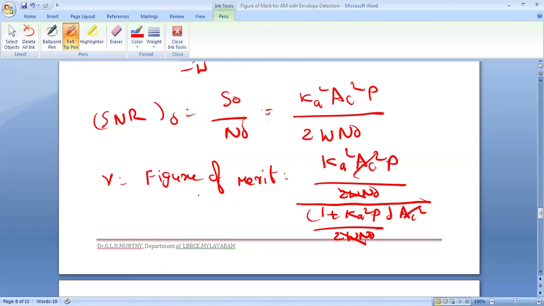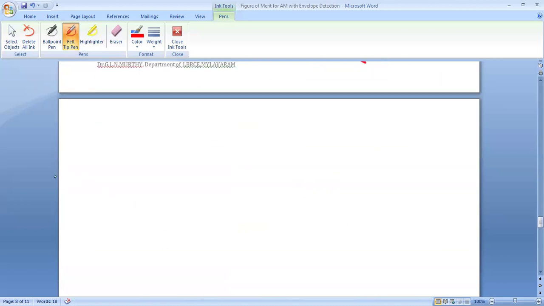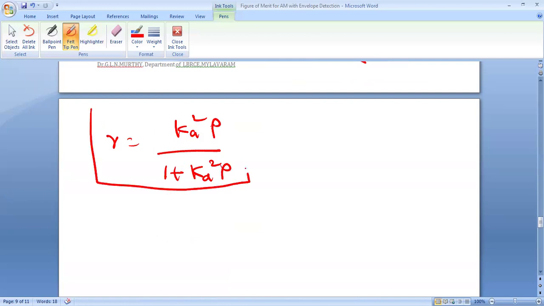Ac square cancels. So the figure of merit in DSB-FC, that is double sideband full carrier AM, is gamma, or F, equals Ka square P by 1 plus Ka square P.